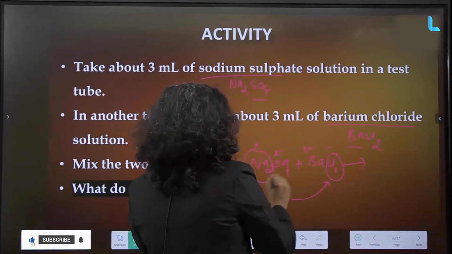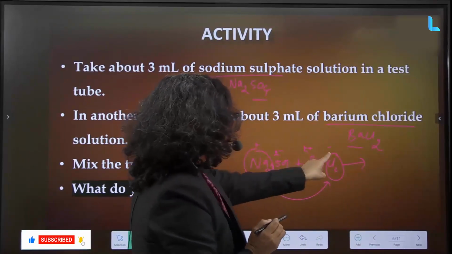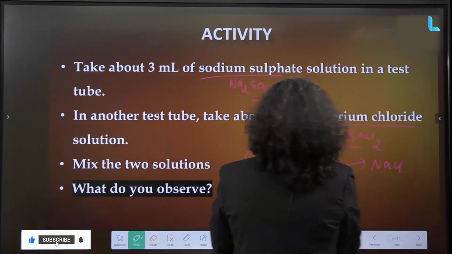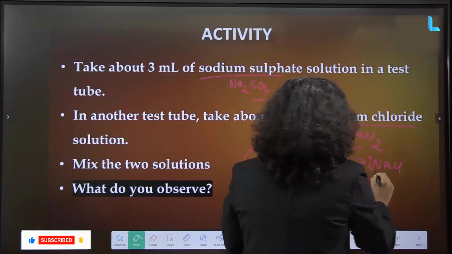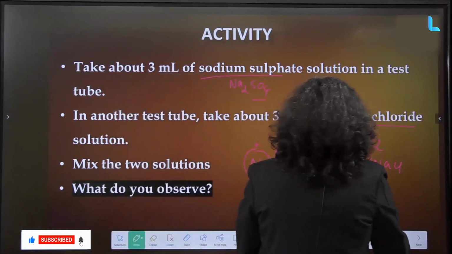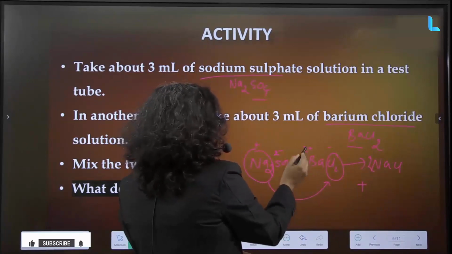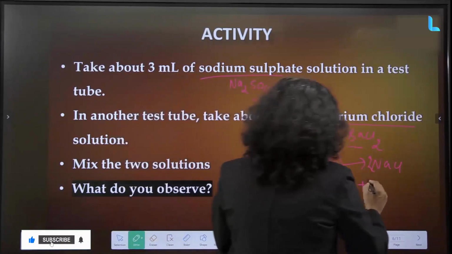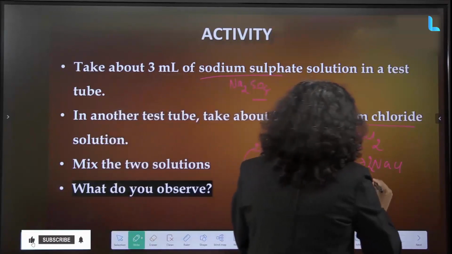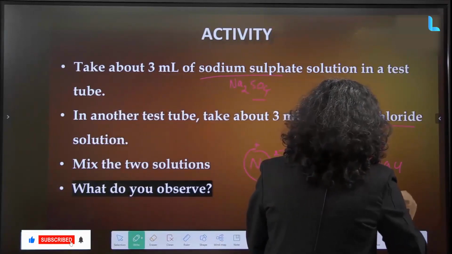What will be the product here? Both have 1 plus and 1 minus, so you will get NaCl. But Na2 and Cl2 are there, so to balance that, we write 2 NaCl. So 2 NaCl plus what is remaining? Ba2 plus and SO4 2 minus. So the 2 plus and 2 minus will get cancelled. What will be the formula? BaSO4, barium sulfate.